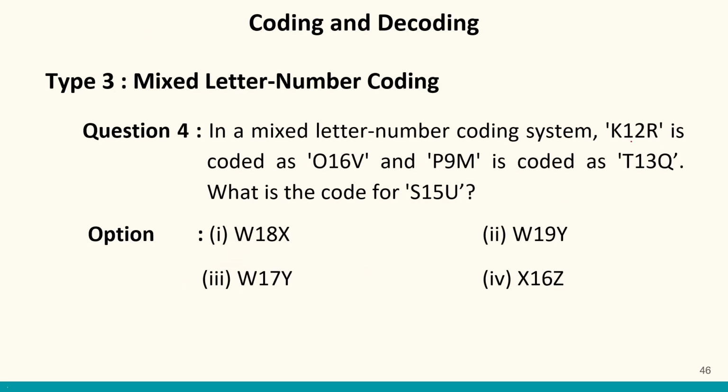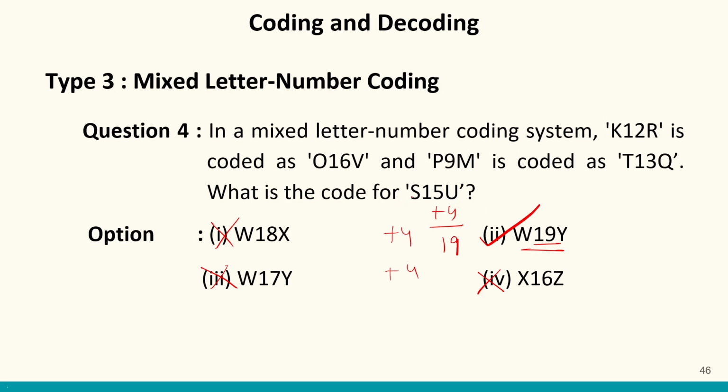Now, let us check. 12 to 16, clearly plus 4. 9 to 13, plus 4. So the numbers are moving 4 positions forward. So here 15, I'll have to move 4 positions forward. That will give me 19. So out of all of these, I can eliminate all these answers and option 2 will be my only answer. That is why elimination helps, because I took less than 20 seconds to solve this question.